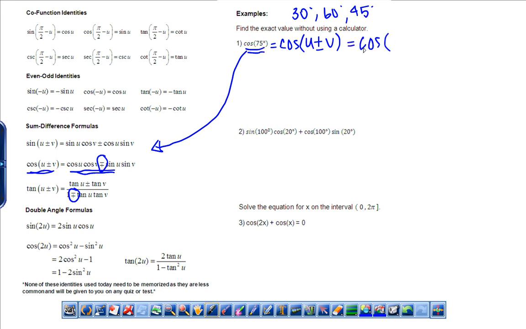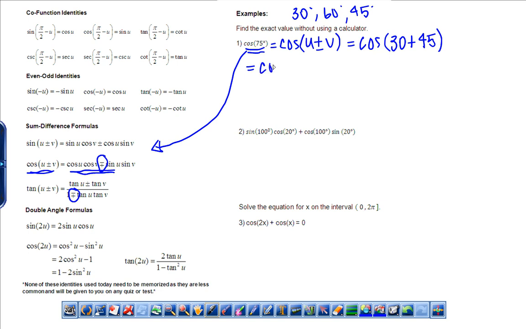Okay, I'm going to replace this with cosine of 30 degrees and add that to cosine of 45 degrees, because I know that if I add these two numbers together, I get 75. Now I'm going to write out this ugly thing right here and replace every u with a 30 and every v with a 45.